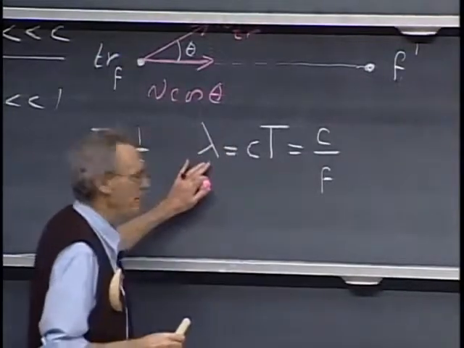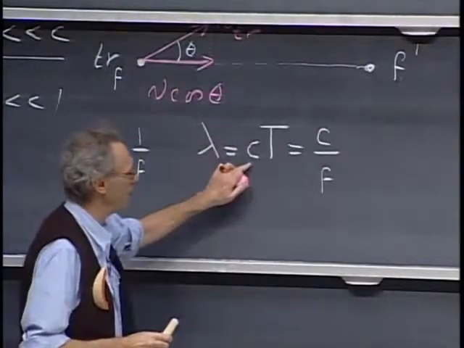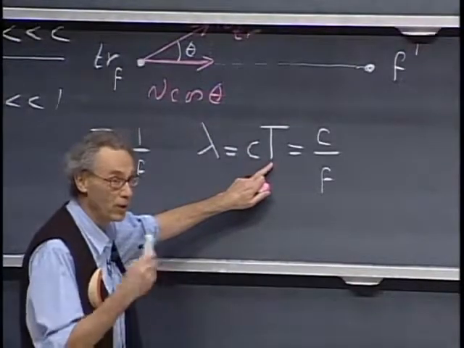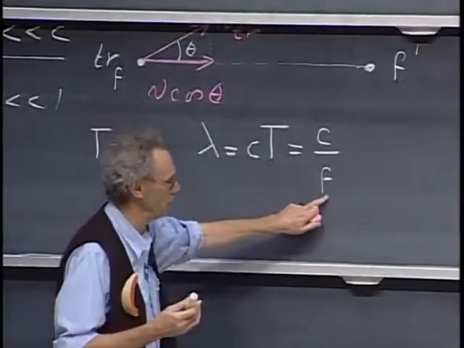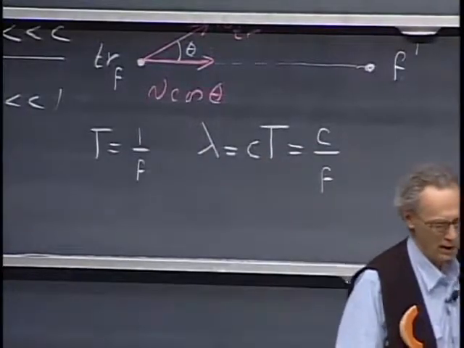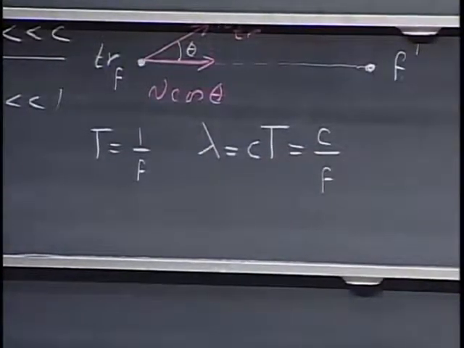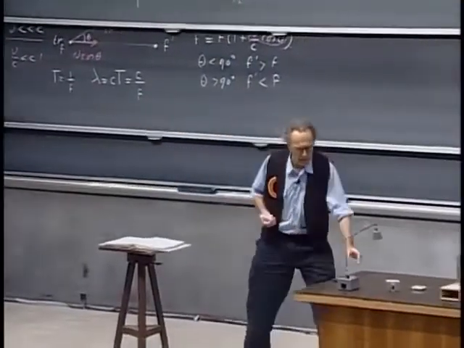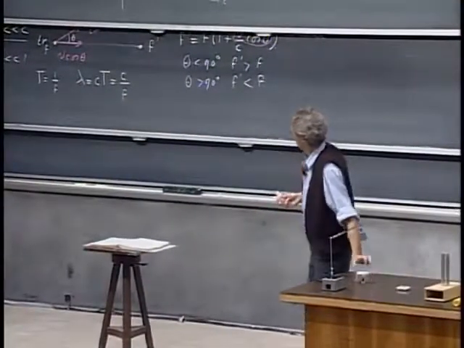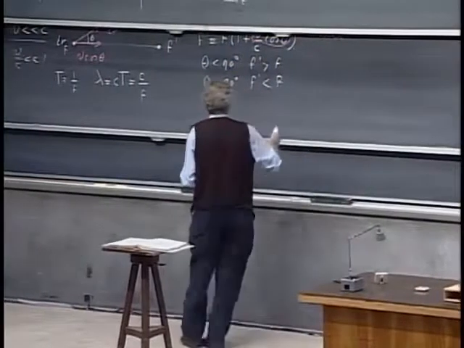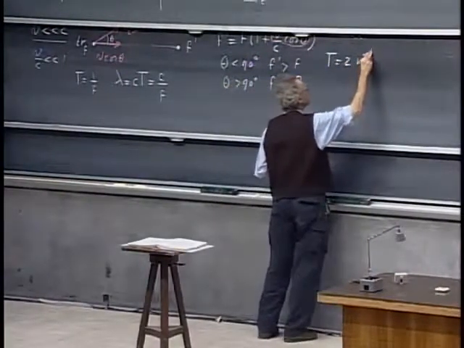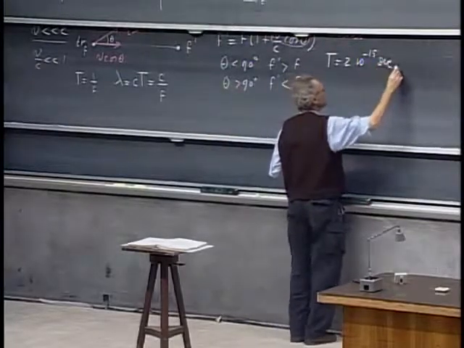So this is the wavelength of the electromagnetic radiation: the speed of light, 300,000 kilometers per second, the period of one oscillation, say of the electrons, and this is the frequency, which you can give in hertz. I could give you a specific example. I, for instance, can take a period T of 2 times 10 to the minus 15 seconds.